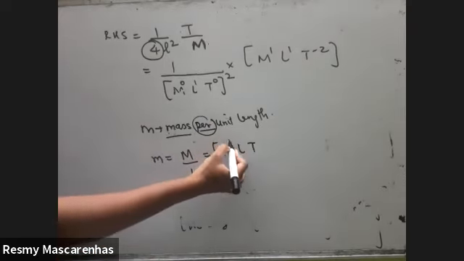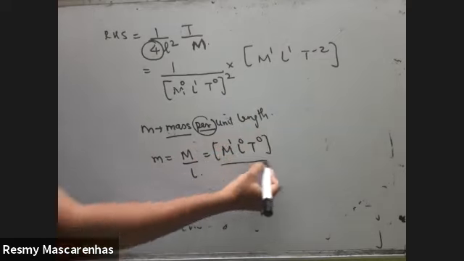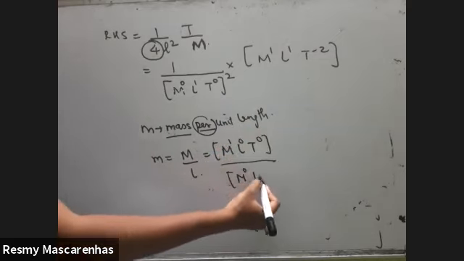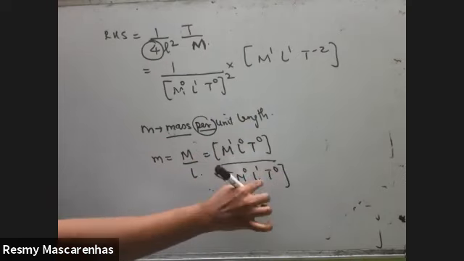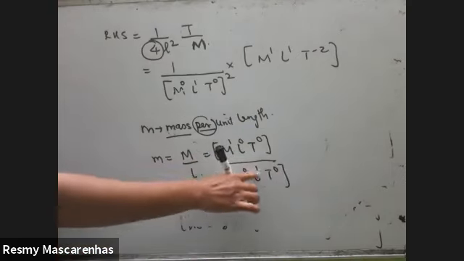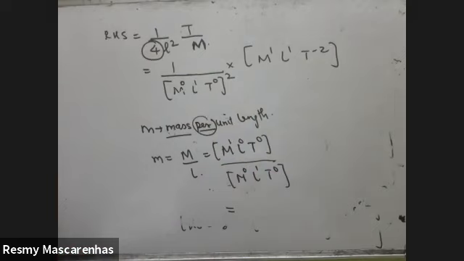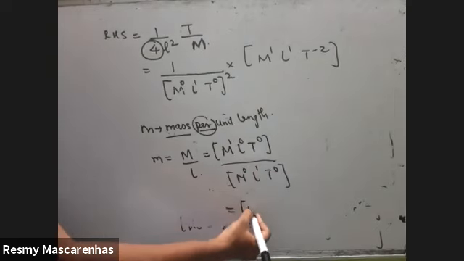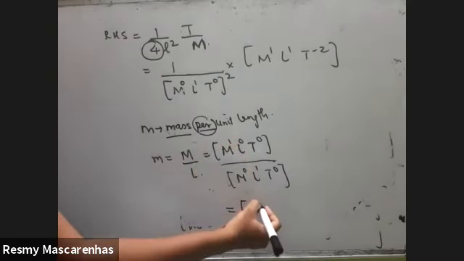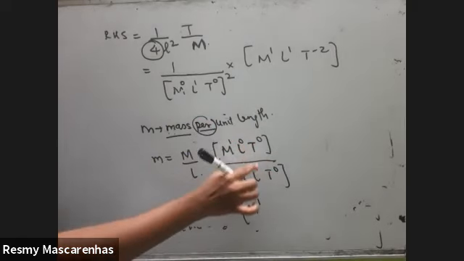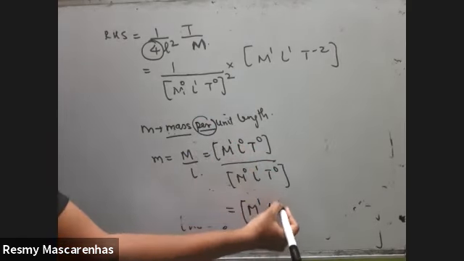So this is anyways 1, 0, 0. Length will be what? 1. And now calculate. This will go up. So 1 minus 0 will be 1. Then 0, 1 will go up. So it will be minus 1.